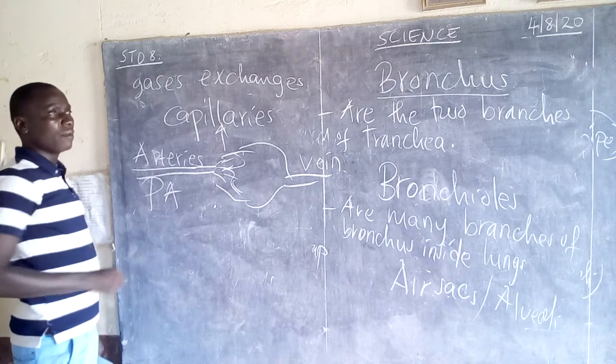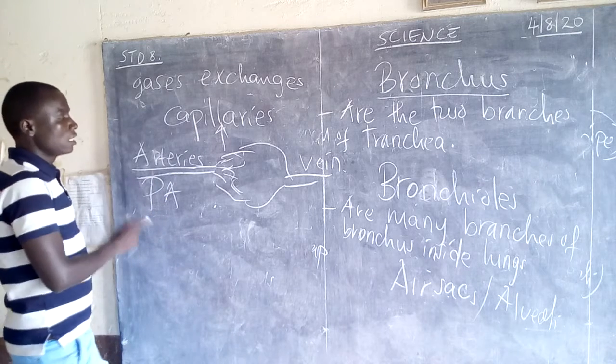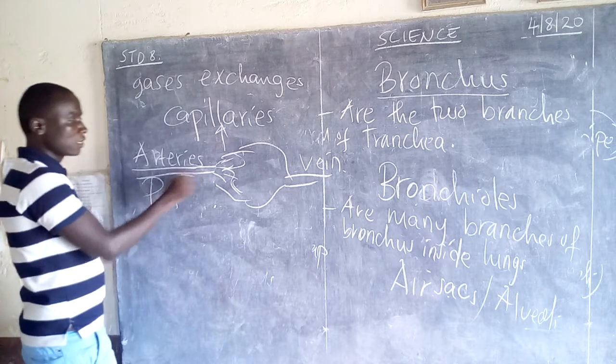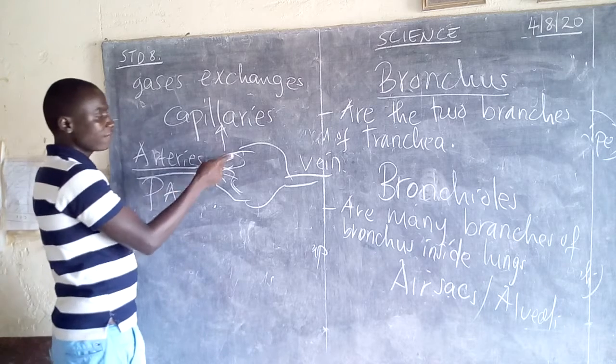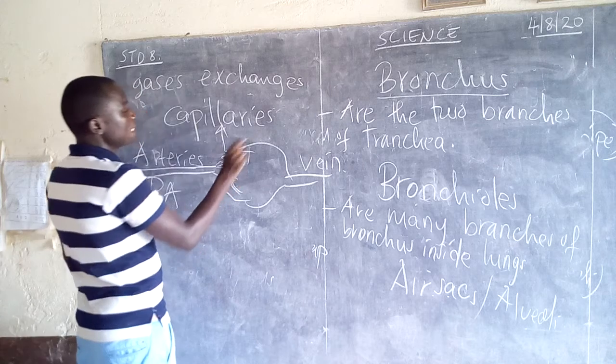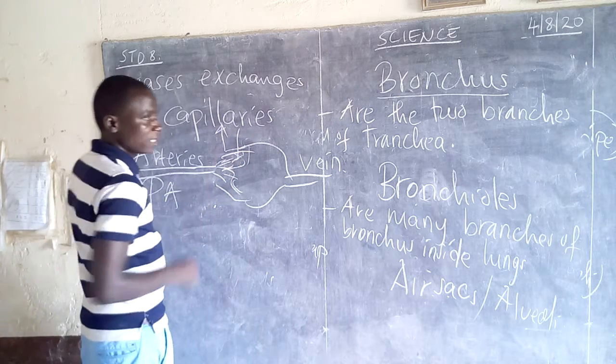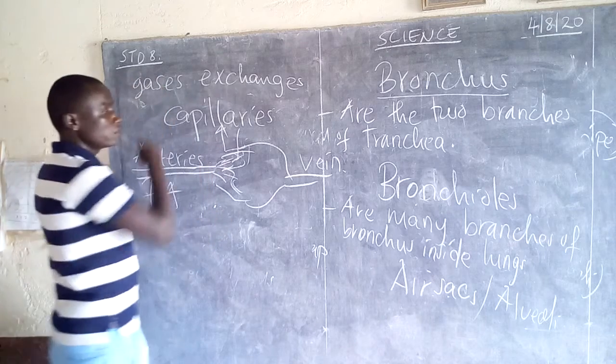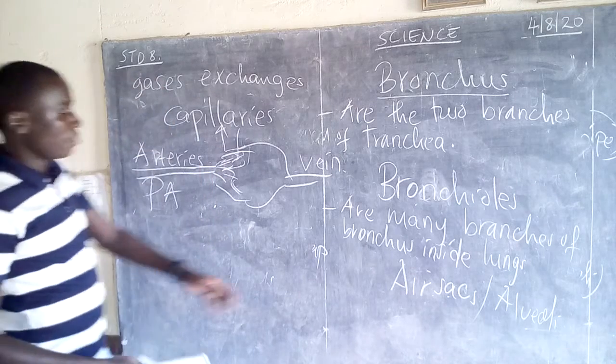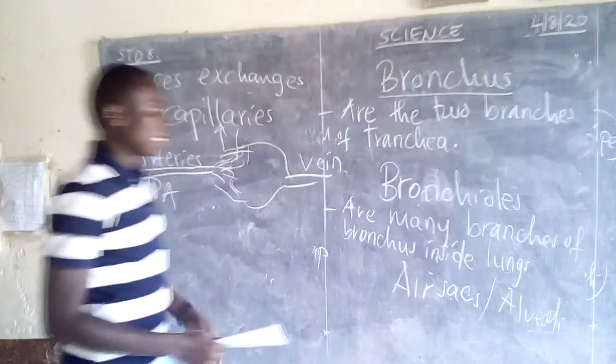This is the blood coming from the heart to the lungs to remove the carbon dioxide carried here. When it reaches here, this carbon dioxide will diffuse. It moves out of the blood vessel into the lungs through the air sacs and is taken out.